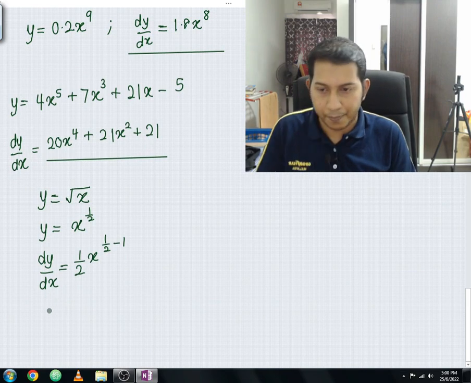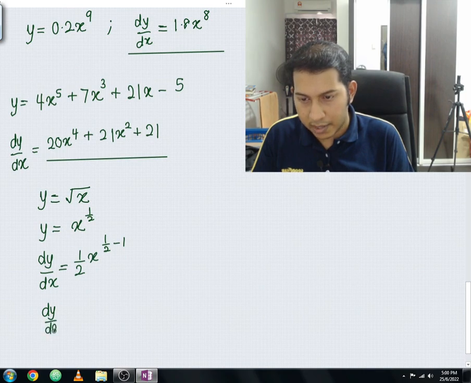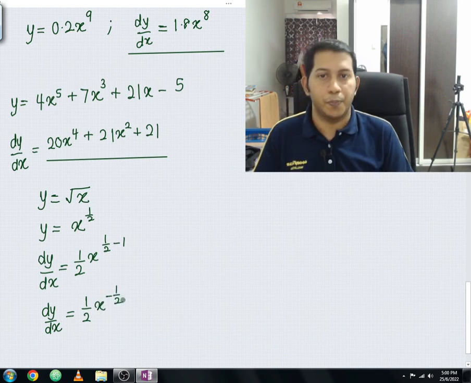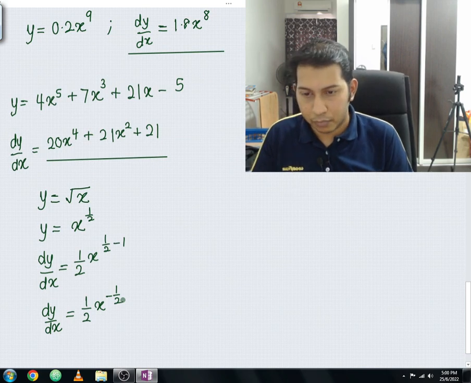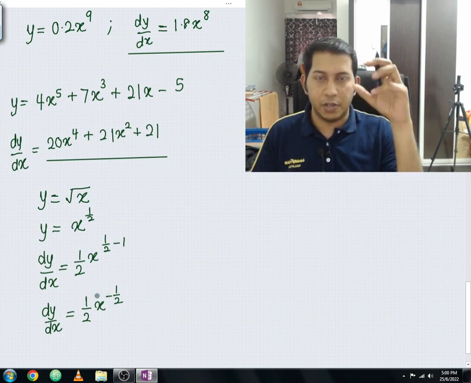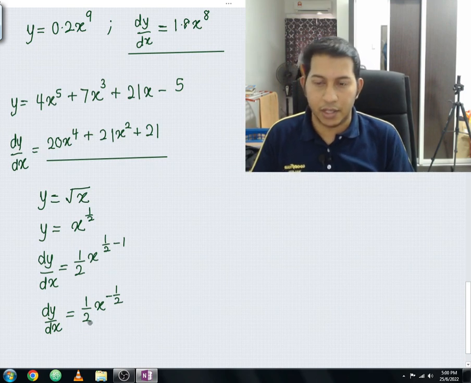You solve this, so you get dy over dx equals half x to the power of negative 1 over 2. Whenever you have a negative power, you can place this into the denominator of a fraction, guys.